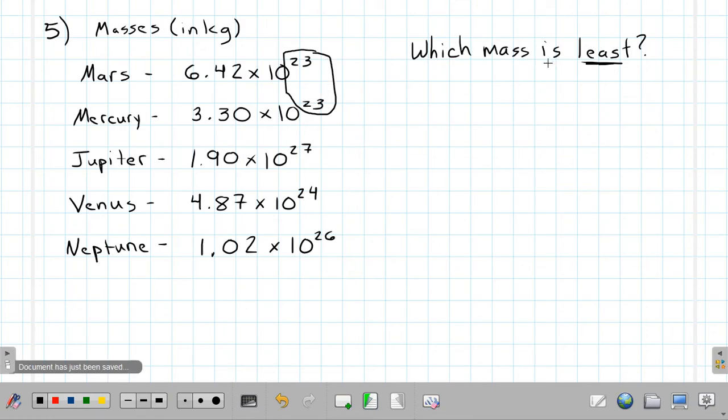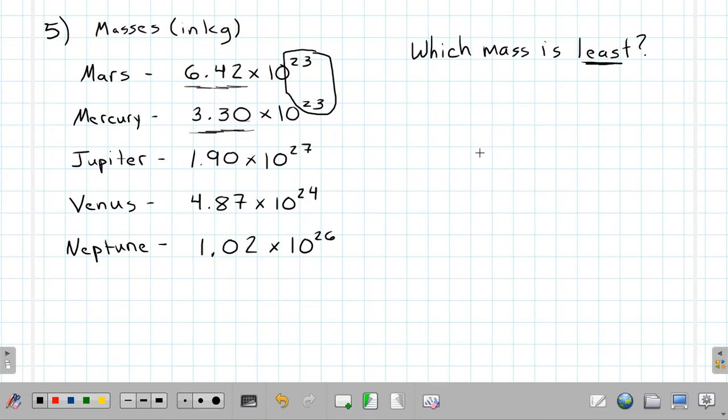Which mass is least? Well, we're asking for just one mass, so it can't be both of these. So then we have to look at these numbers here and ask ourselves, which one's bigger or which one's smaller? Out of 6.42 and 3.30, which one of these is smaller? Well, it's going to be the 3.30.